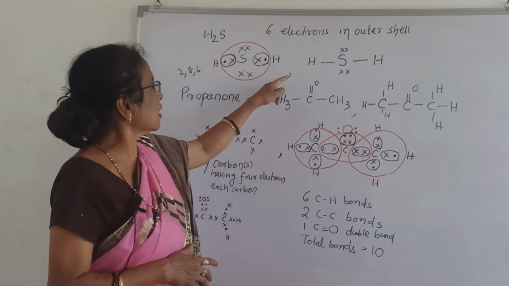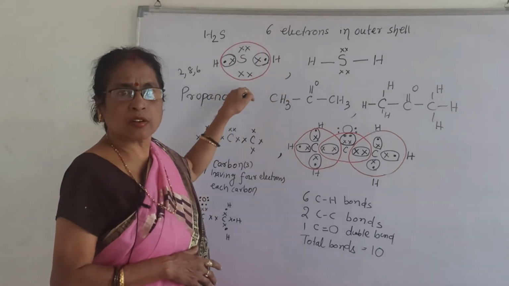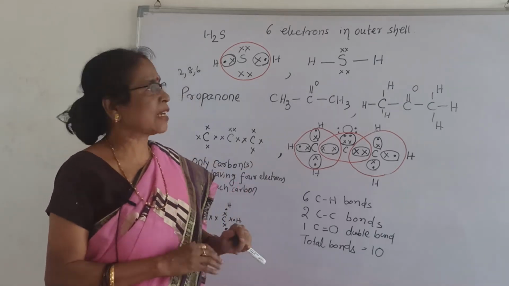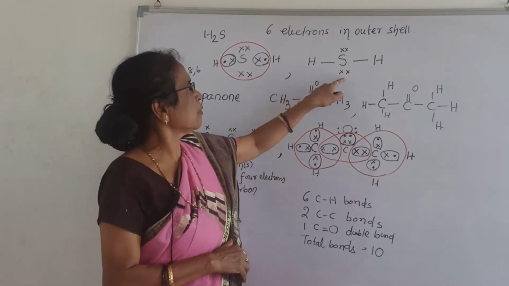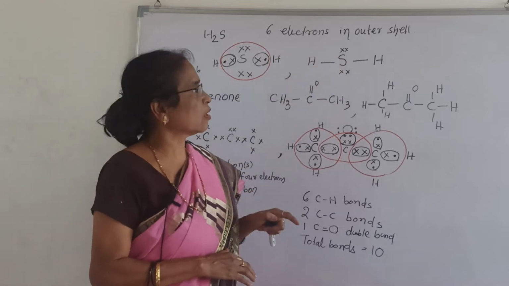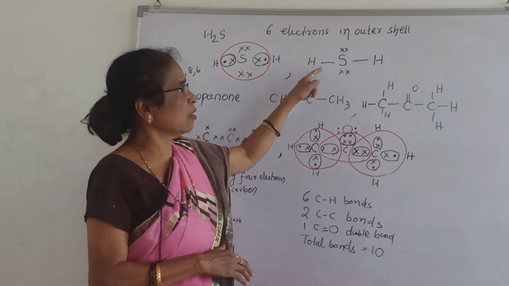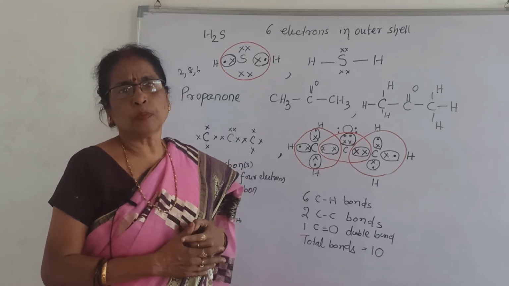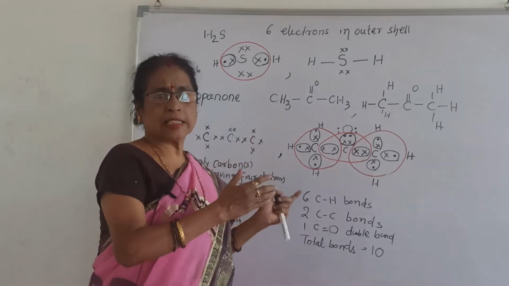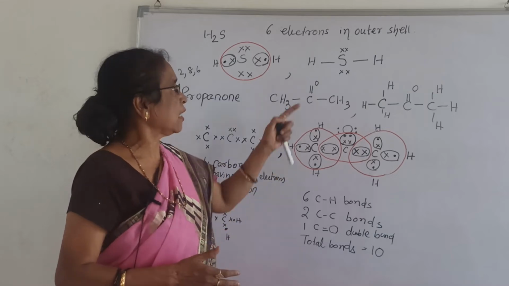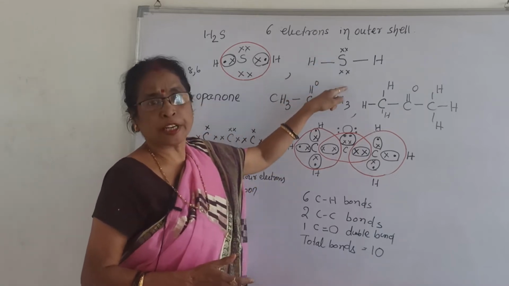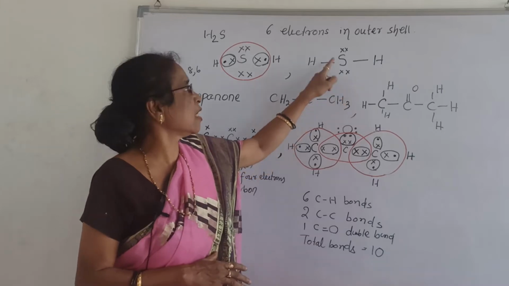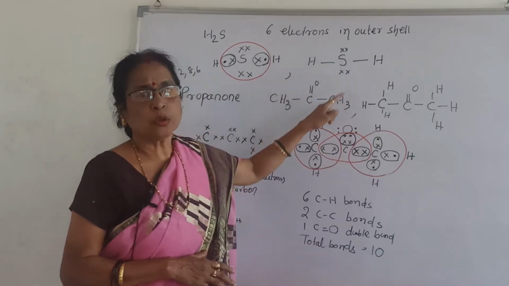And this is the structure, because these two electrons never take part in a chemical reaction. That is why there are 4 such electrons, and this side one bond, this side one bond. That means there are 2 bonds, between S and H, and S and H. And there are non-bonding pairs of electrons, the electrons not involved in bonds, 2 above and 2 below.